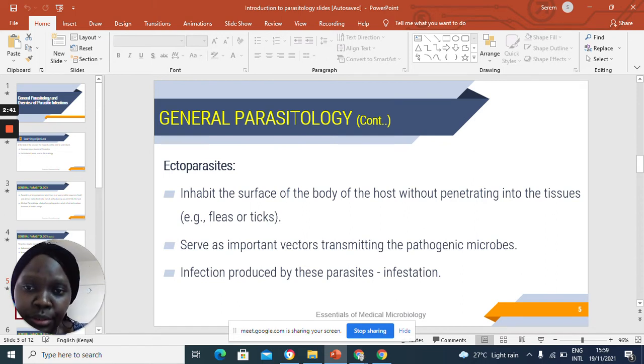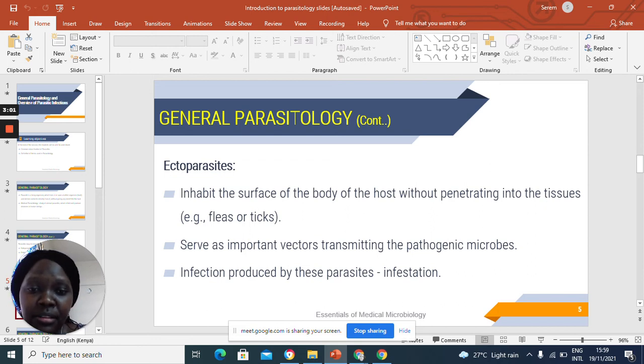Okay, so we were talking about ectoparasites, and we have said that they inhabit the surface of the body of the host without penetrating into the tissues. More than being ectoparasites, they also serve as important vectors that transmit pathogenic microbes into the body of the host.